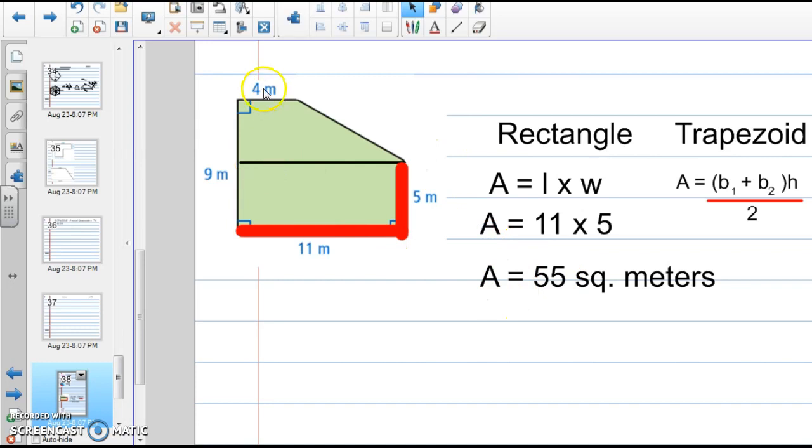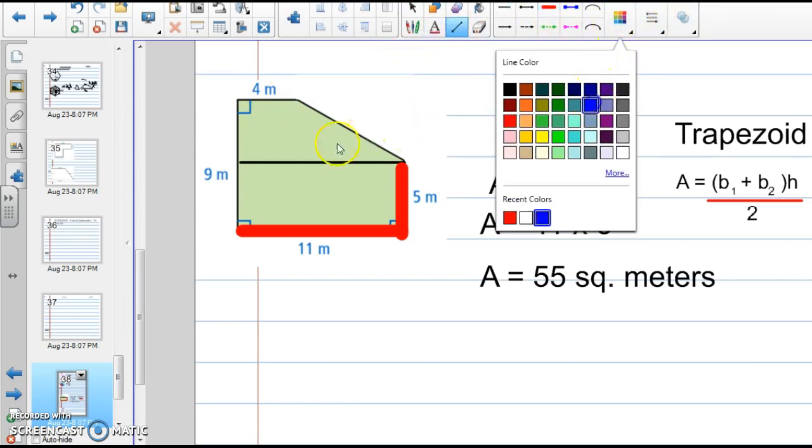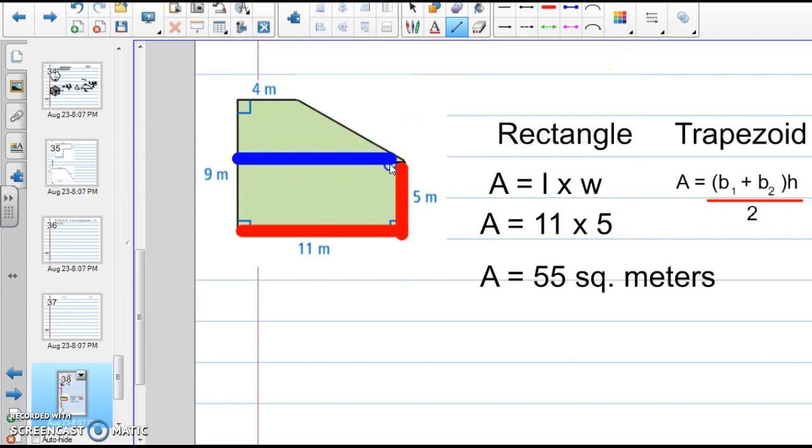We need to know for the trapezoid, remember there are 2 bases that we're going to add, and the bases are your parallel sides. So 4 meters is one of the bases. We don't know this other base, and that's what we've got to try to find out. So we need to know what this base is, and then we also need to know what this height is. That is the height of the trapezoid.